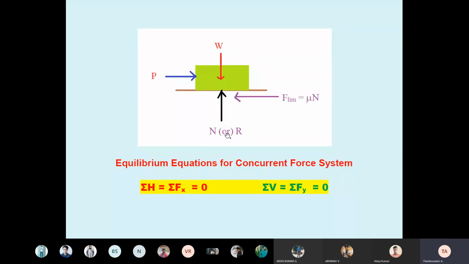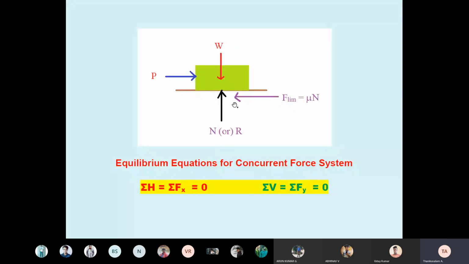See here, the N is acting upward. The F, the friction force, is acting left side. So what I am doing, I am replacing F and R, the two forces, into a single force. Students, just think about two forces.